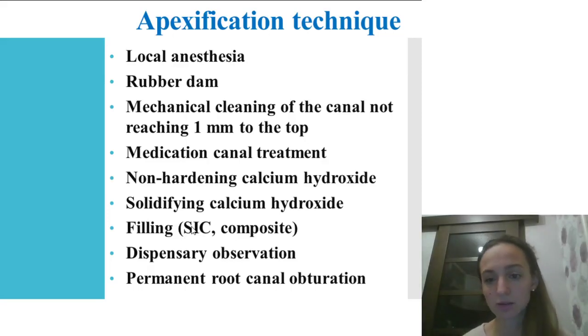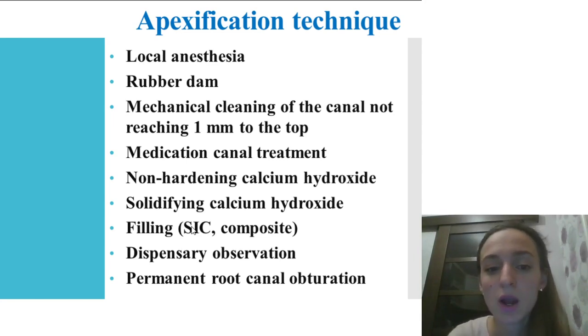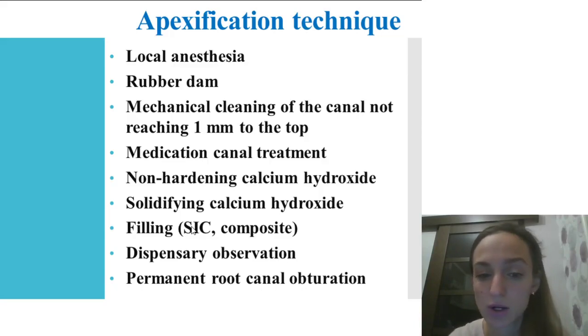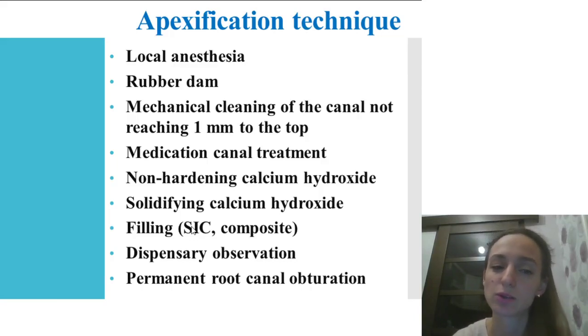Then mechanical cleaning of the canal, not reaching 1 millimeter to the apex. Then medicated canal treatment, non-hardening calcium hydroxide, solidifying calcium hydroxide, then filling with glass ionomer or composite, dispensary observation, and permanent root canal obturation.